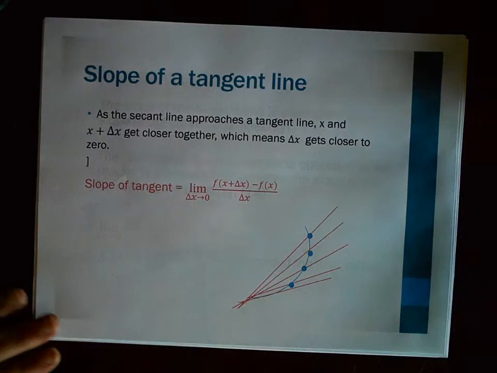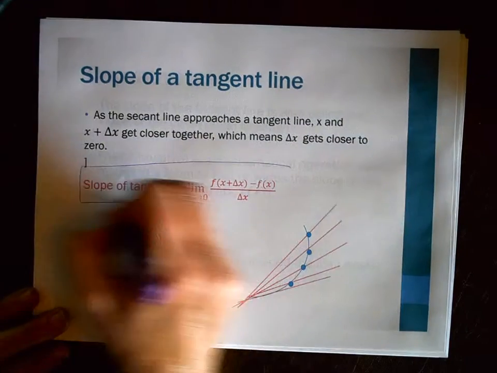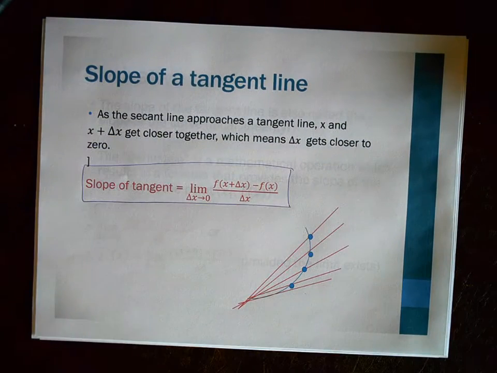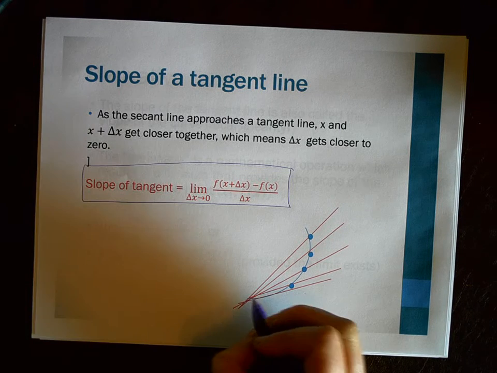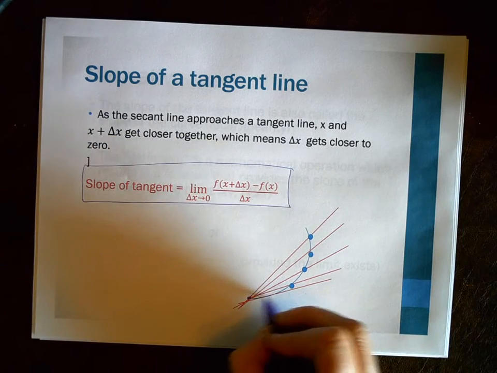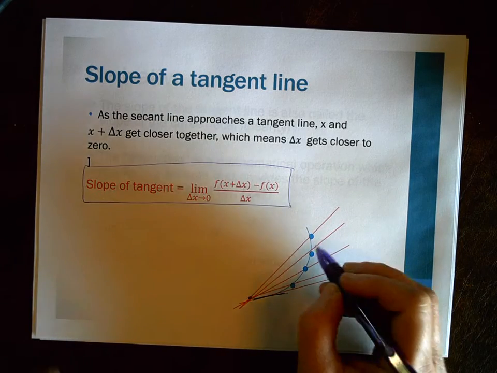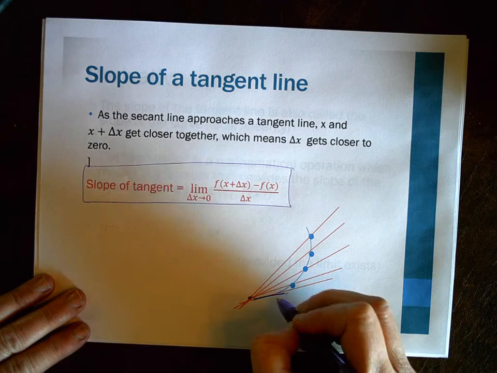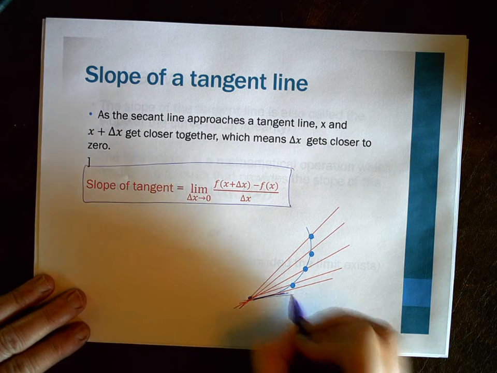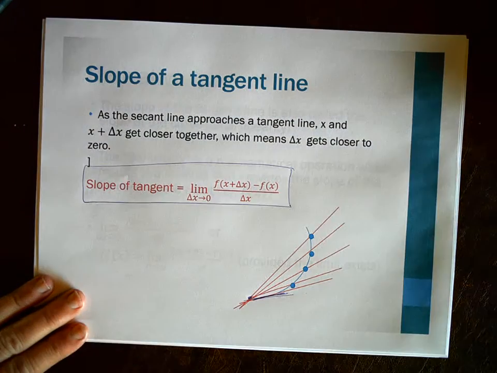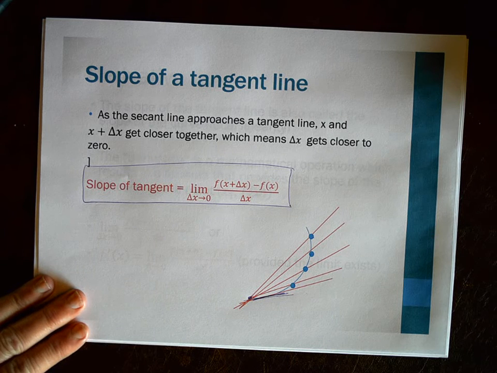This is the formula to find the slope of a tangent line. So you understand a secant is a line that goes through, and a tangent is a line that goes right on the outside. As we move these points closer and closer together, they're basically going to make a line on the outside. What you want to know is that derivative and slope are synonyms.